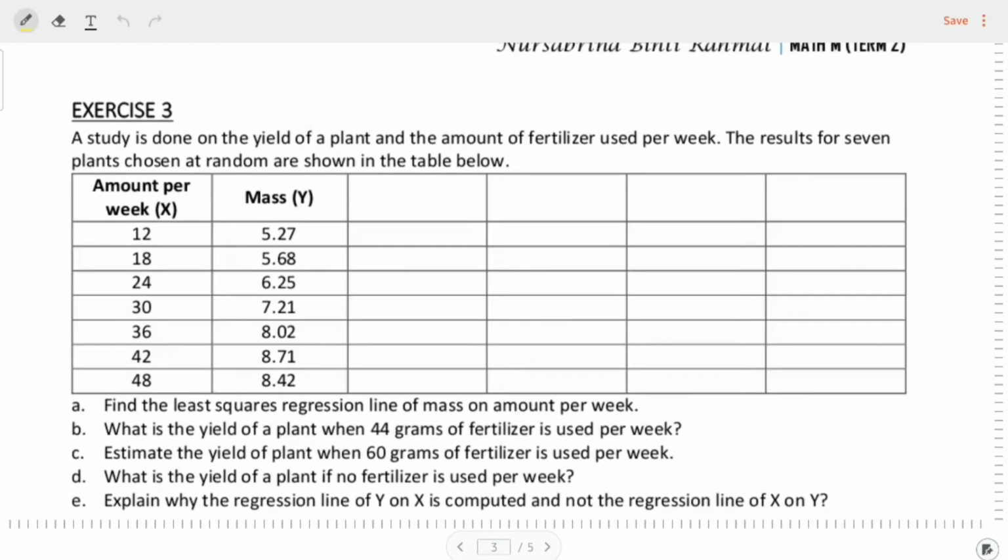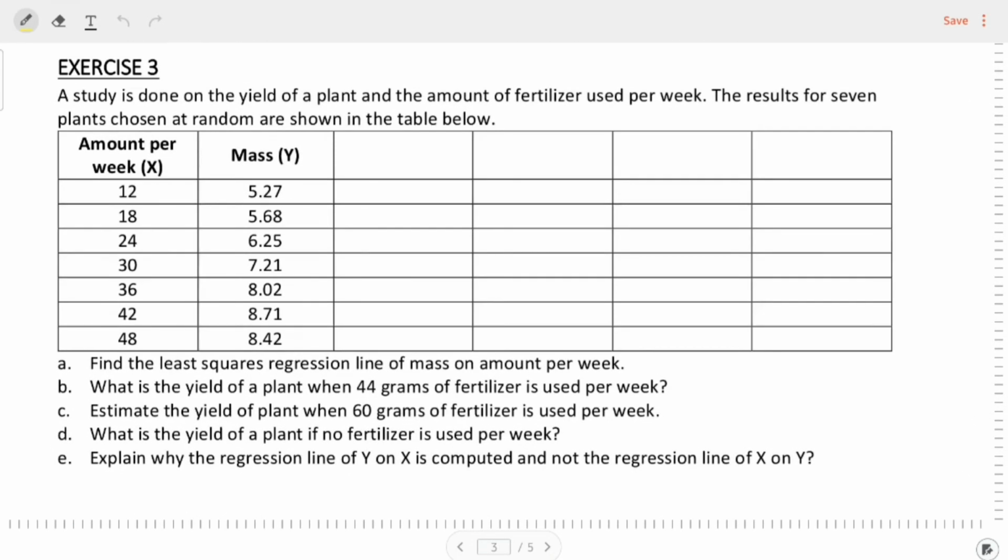So let's look at the harder examples, which involve more difficult wording questions. A study is done on the yield of a plant and the amount of fertilizer used per week. The results for 7 plants, so this is your n, 7, chosen at random, are shown in the table below, with x and y.